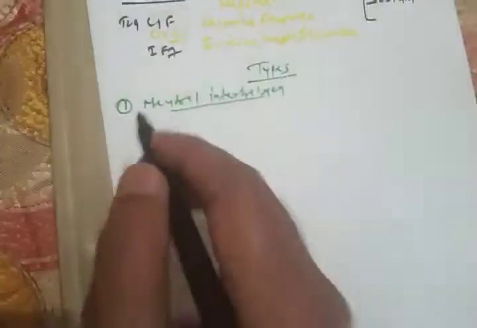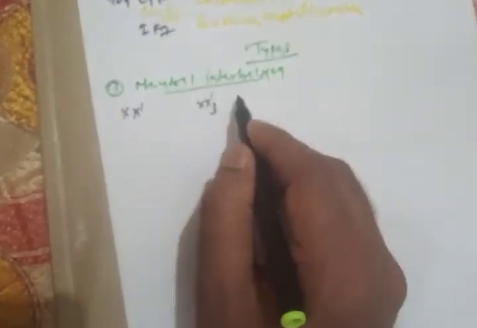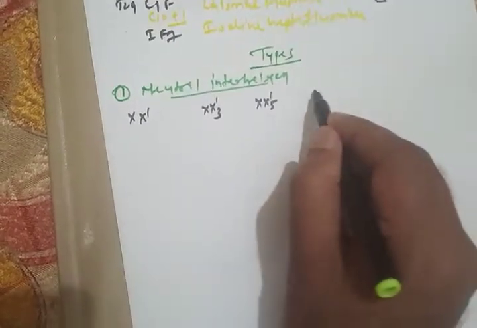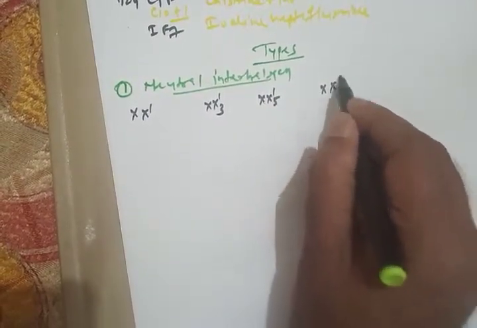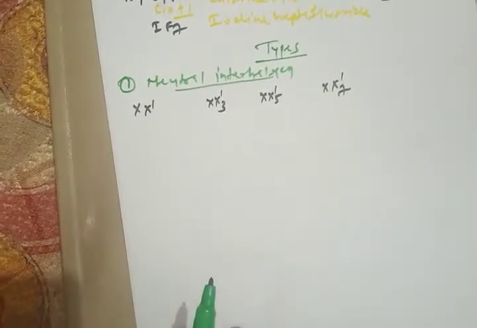This again has different types, like XX', then XX'3, then XX'5, and then XX'7, based on different oxidation states.